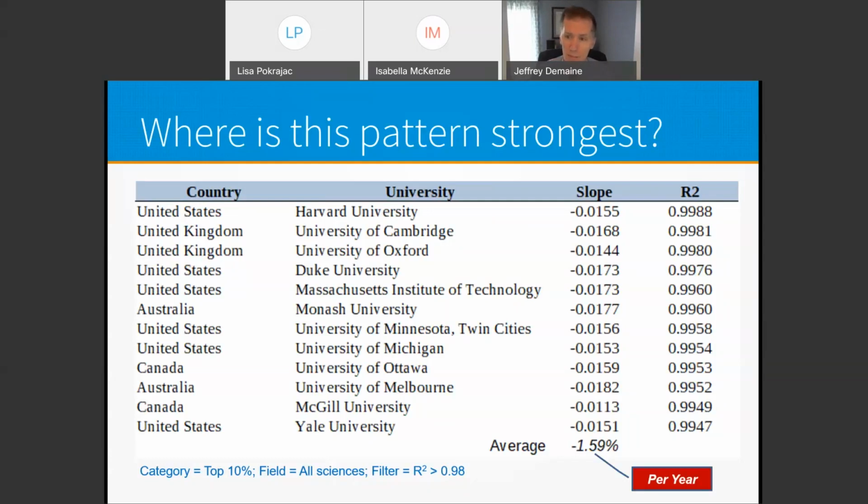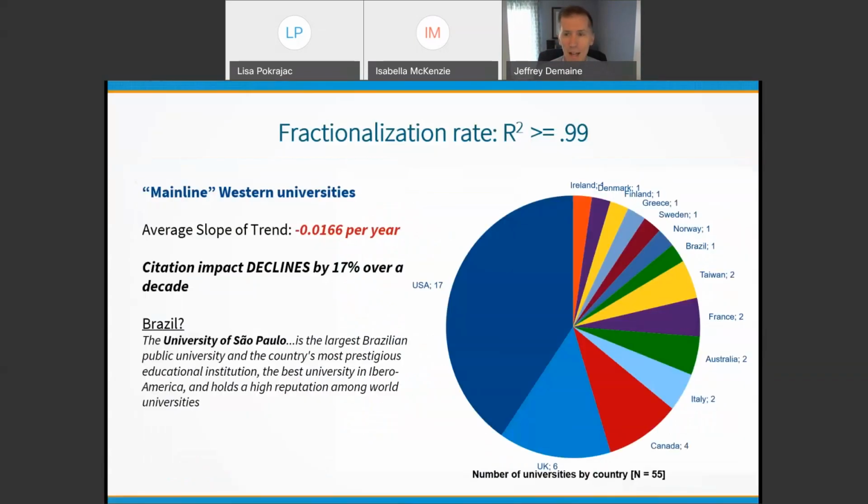MIT, Harvard, Cambridge, Oxford, McGill, Yale, even University of Ottawa's in there. Isn't that interesting? So collaboration is a strong force in describing what research these universities undertake.